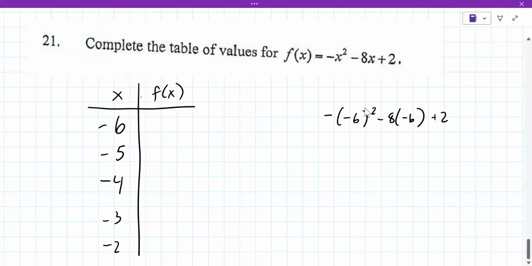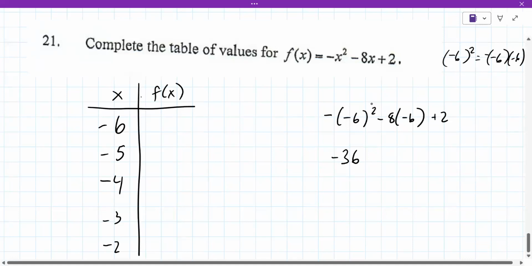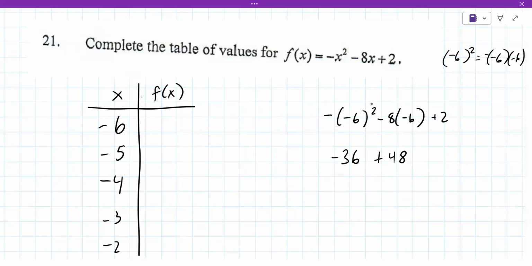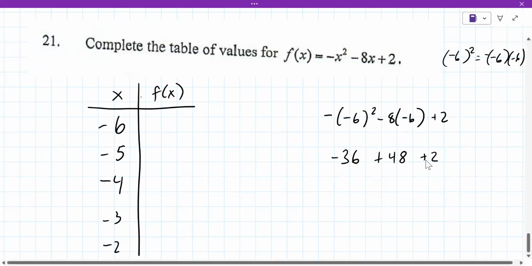Let's try. So there's some sort of something going on here. So it's -6 squared. -6 squared, it's 36, but then you have to negate it. Okay, so -6 squared really means -6 times -6, right? And then -8 times -6 is positive 48. Okay, so you got 48 plus 2, 50 minus 36. What does that become?